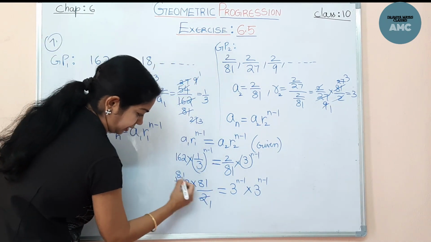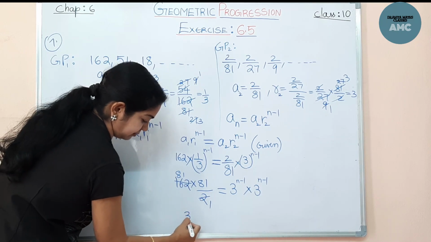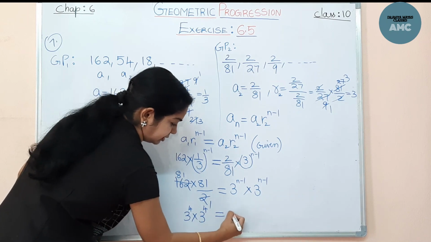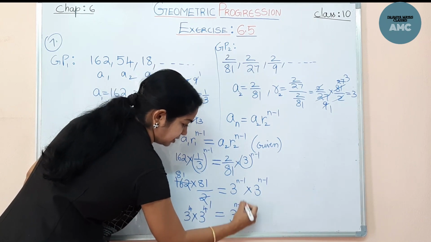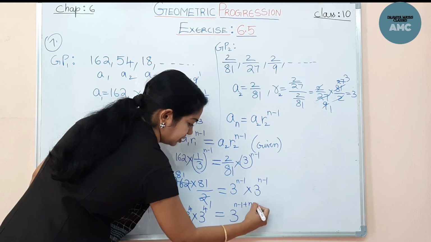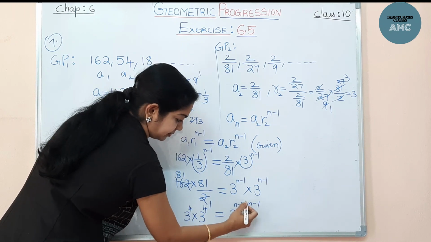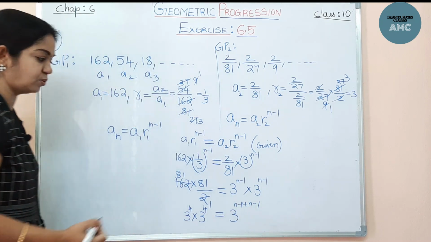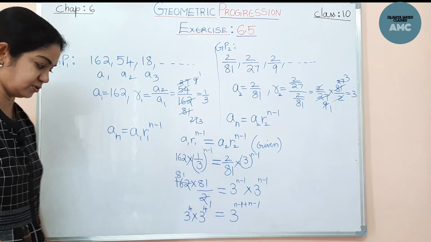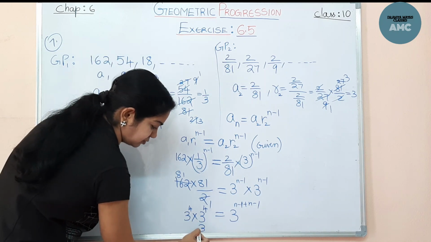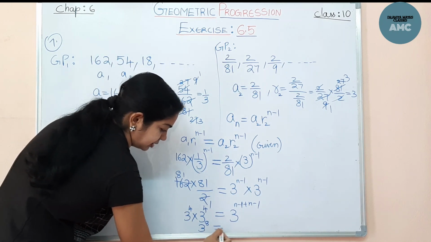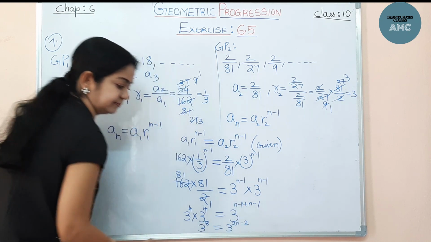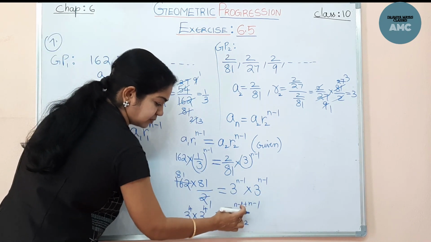Now here 81 into 81. 81 is nothing but 3 raised to the power of 4 into 3 raised to the power of 4. Right. Here 3 raised to the power n minus 1. We have to add the exponents. So n minus 1. Minus 1 doesn't get cancelled because they are minus. There is no plus term here. See clearly, there is no plus term. Now here 3 raised to the power of 8 is equal to 3 raised to the power of 2n minus 2. Here 2 n's are there and minus 1, minus 1 makes minus 2.